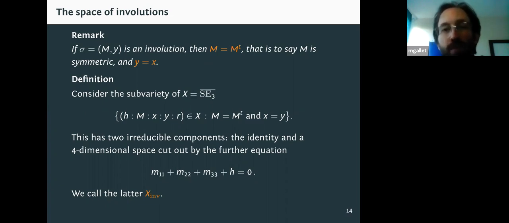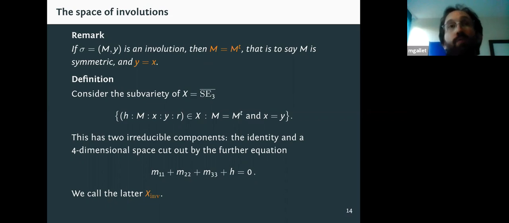And this is the subvariety of involutions in SE3. So SE3, again, is the group of direct isometries in R3. Involutions are rotations by 180 degrees around a fixed axis. And one can consider only those configurations that are given by involutions.